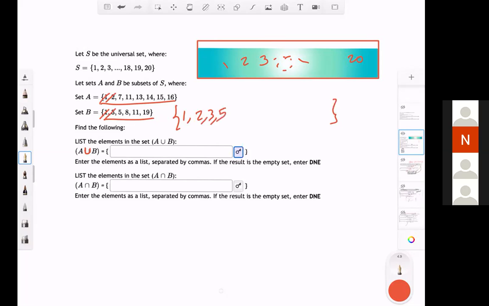The next number is 5, then 7, then 8, 11 gone, then we have 13, then we have 14, then we have 15, then we have 16. You have to erase this guy, comma 19. Correct? That's how we find the union.